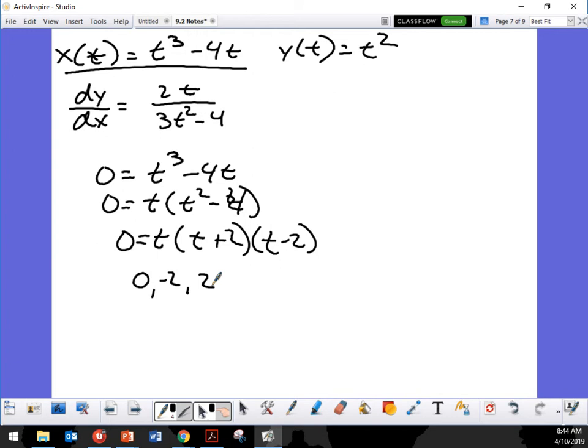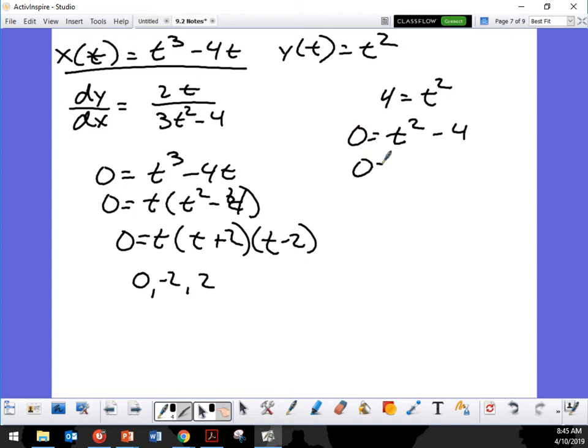Now the next one, I know this is going to be 4 equals t squared. So I get t squared minus 4, and I moved it over so I can factor it, because I like factoring.